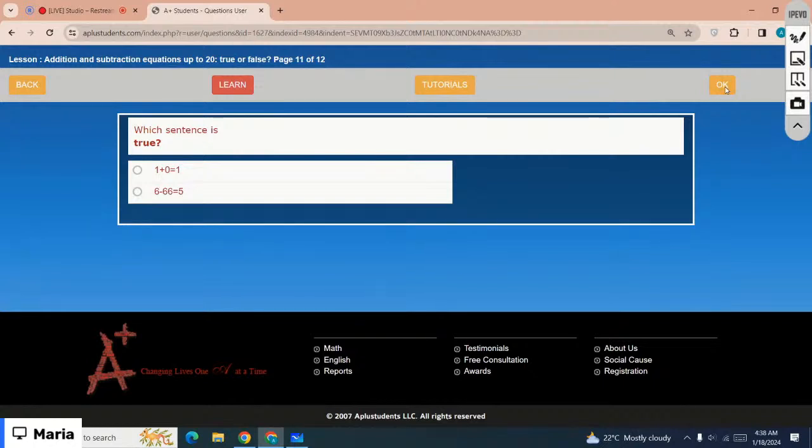Which sentence is true? 1 plus 0 equals 1 and 6 minus 6 equals 5. So, which is the correct option? Very good. Option number 1 is the correct option. 1 plus 0 equals 1 is the correct one. Got it?